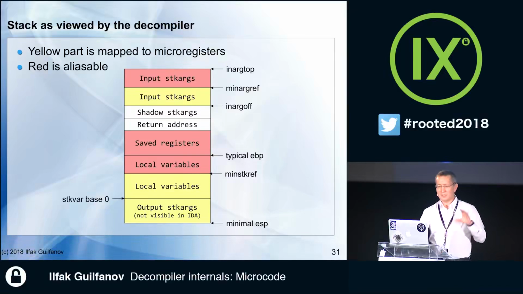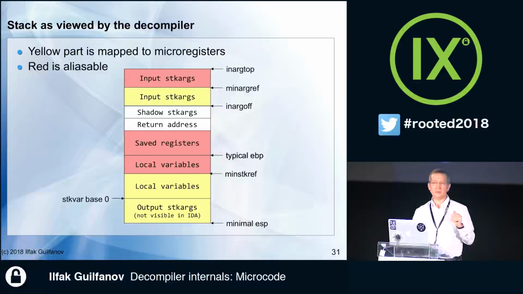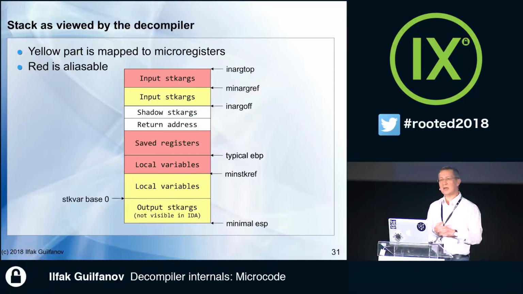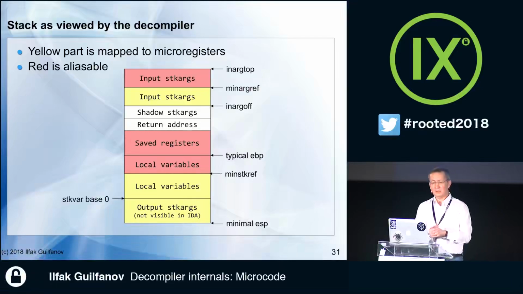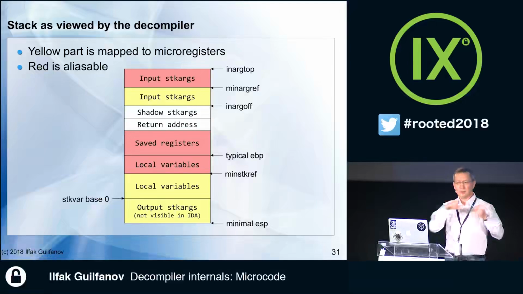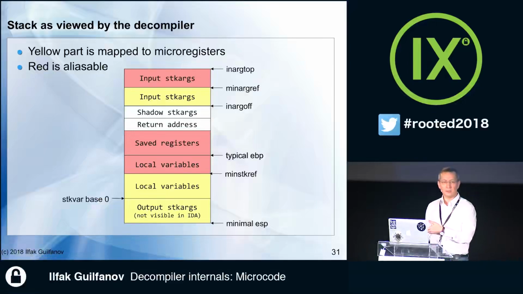When I say that we map stack to microregisters, in fact we cannot map everything to microregisters, because some of the stack is referenced indirectly. For example, we can take an address of a stack variable and then pass it to a function. And the function maybe will modify something in our stack frame because we passed a pointer to it.